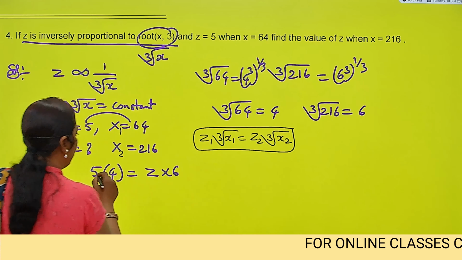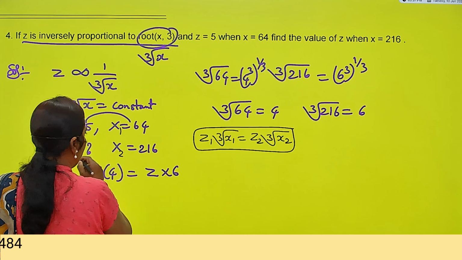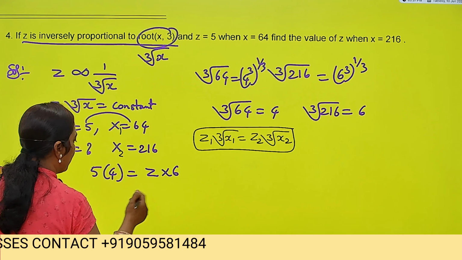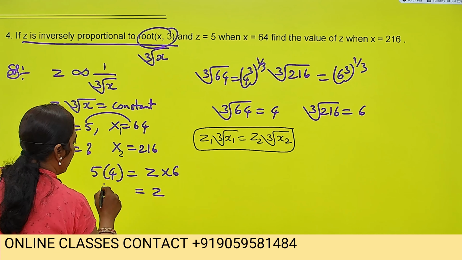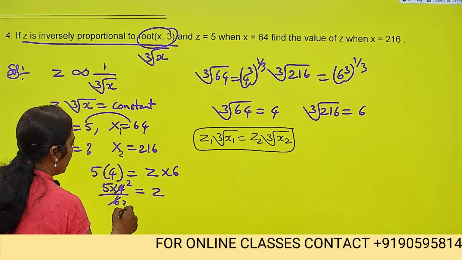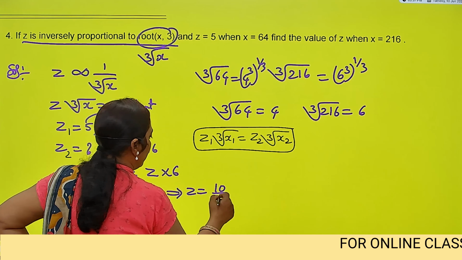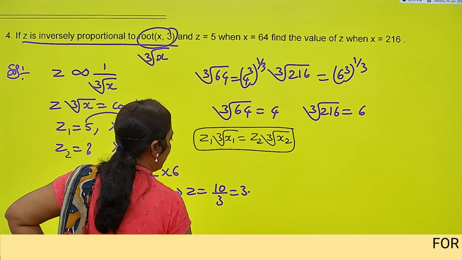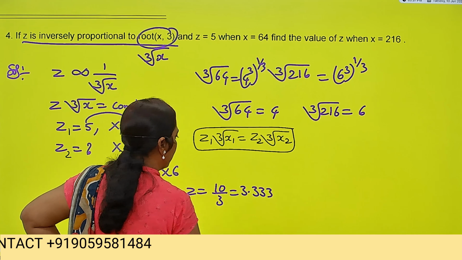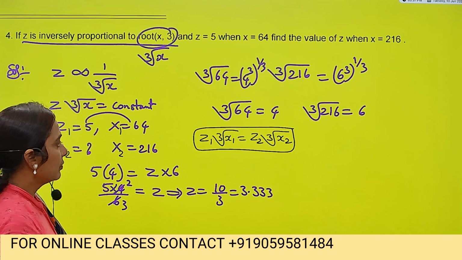So z1 is 5, cube root of x1 is 4, equals z2 is z, cube root of x2 is 6. So from this, z equals 5 into 4 over 6. 2 twos are 4, 2 threes are 6, 10 over 3, that is 3.333. Okay, that is the answer for the fourth one.